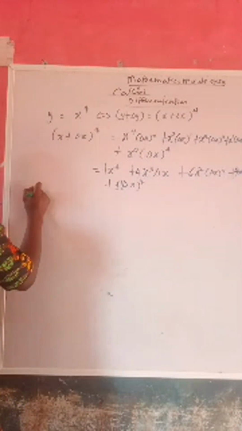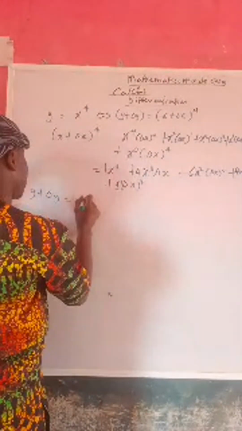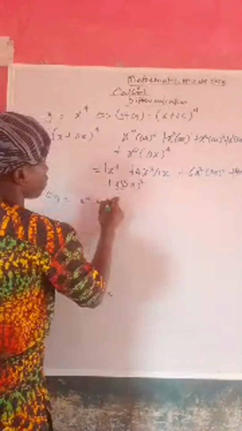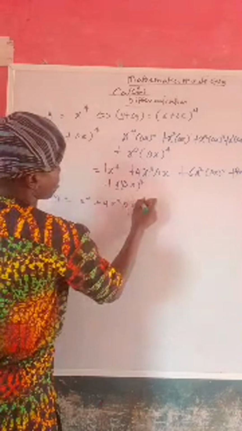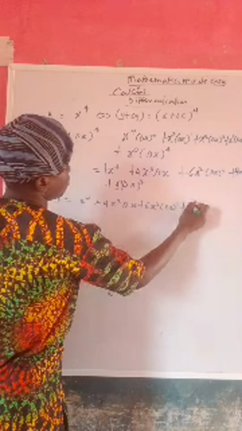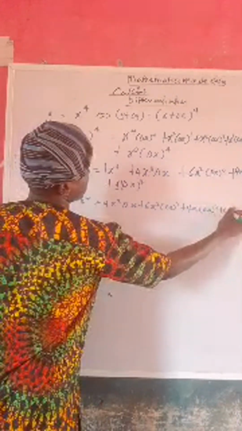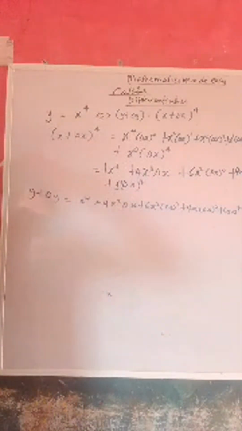So we have y plus increase in y equals x raised to the power of 4 plus 4x cubed changing x plus 6x raised to the power of 2 changing x raised to the power of 2 plus 4x changing x raised to the power of 3 then plus changing x raised to the power of 4. Alright, so what is the next thing we are going to do over there?